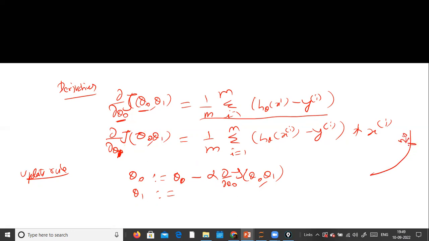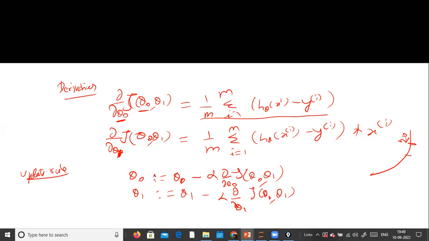When you subtract this from the current position, you will get to know the next value, what the step size is for the next one. For that, we need to keep updating this value: theta 1 minus alpha into dou by dou theta 1 of J of theta naught comma theta 1.